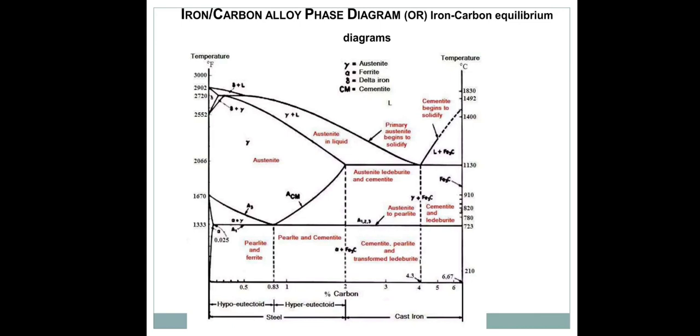Martensite. Martensite is the supersaturated solid solution of carbon in alpha iron. It is formed when a steel is very rapidly cooled from the austenitic state. It exhibits a characteristic acicular or needle-like structure.